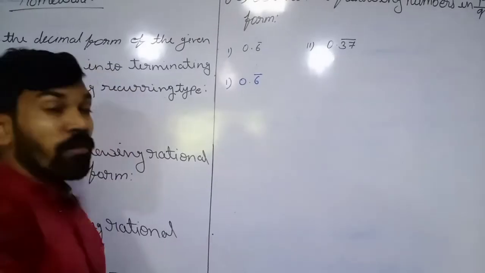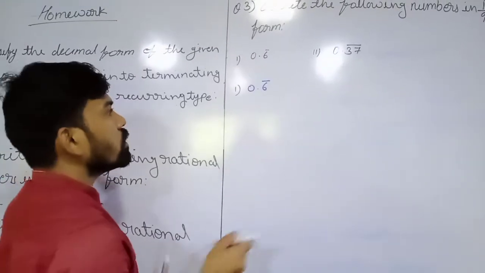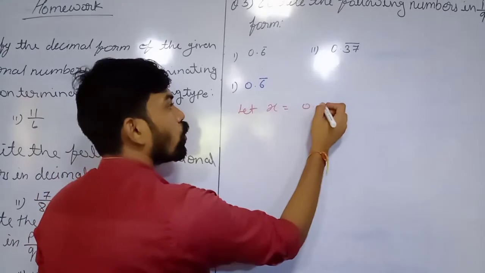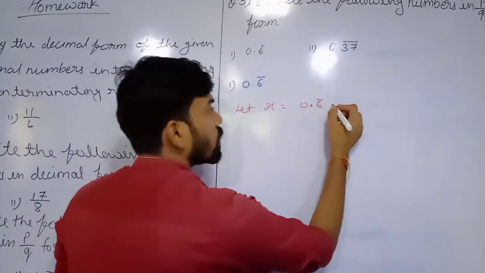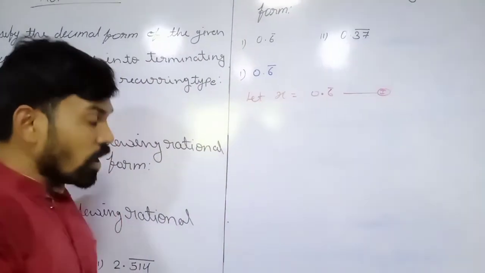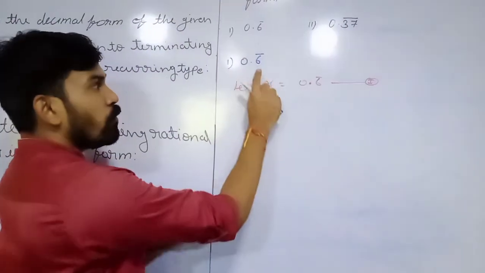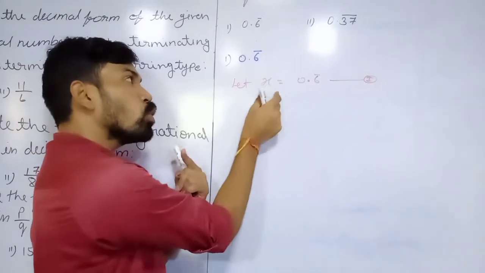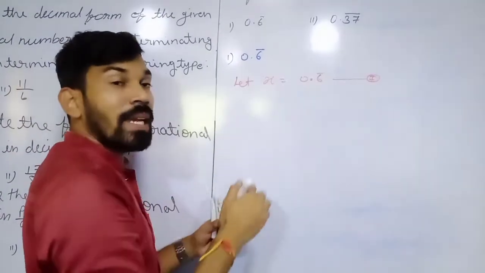The first step we are going to do is the assumption. Let x is equal to 0.6 bar. That will be equation number 1. Now we have to keep in mind, if we have one digit after the decimal point, we are going to multiply both sides, left hand side and right hand side, by 10.